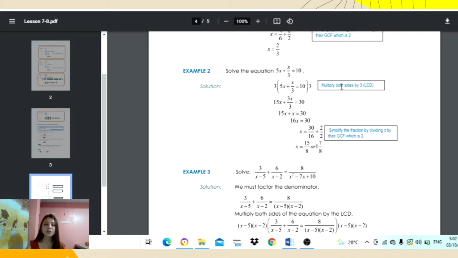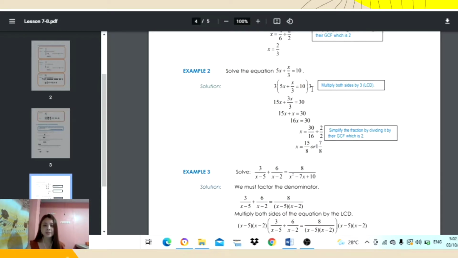So we have to multiply 3 on both sides of the equation, meaning we multiply 3 by 5x, x over 3, and 10. So 3 times 5x, that's just equal to 15x. Copy the operation plus x over 3 times 3, that's just equal to 3x over 3.